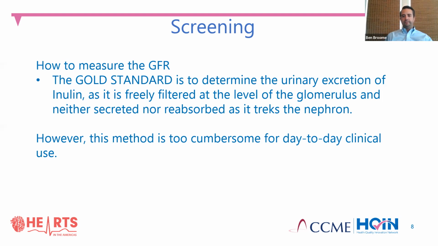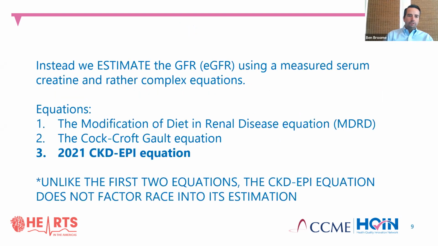Obviously, doing it this way is cumbersome and doesn't make any logistical sense to use in our patients in the office or in the hospital for that matter. So instead, we estimate the GFR using measured serum creatinine and sometimes some other newer biomarkers, and then some rather complex equations. The most common ones, historically, are the MDRD, or the Modification of Diet in Renal Disease equation, and also the Cockcroft-Gault equation.